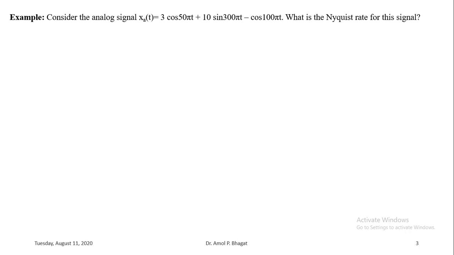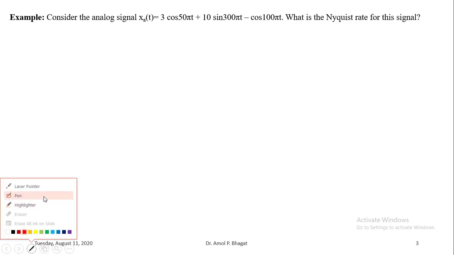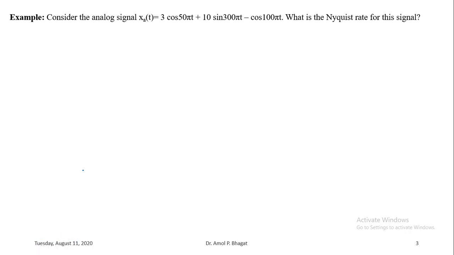So we are trying to solve this example. Here we are trying to identify the Nyquist rate, that is FN, as well as the sampling frequency Fs.